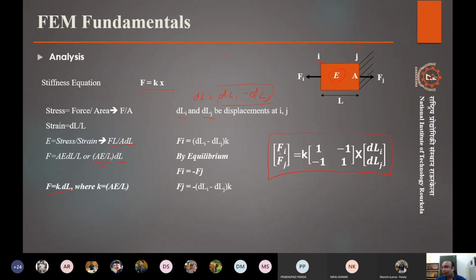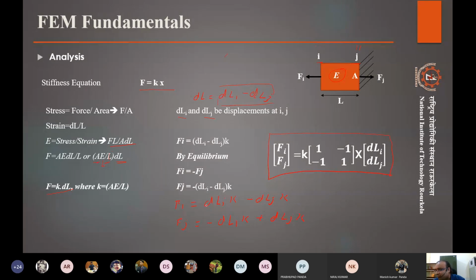If this is transformed to a matrix form, it will be something like Fi and Fj, and it will be something along the lines of dli k and minus dlj k, and this will be minus dli k plus dlj k, right?